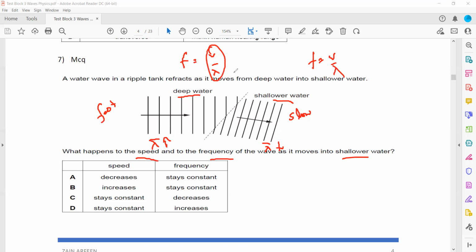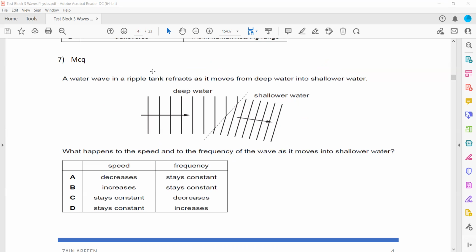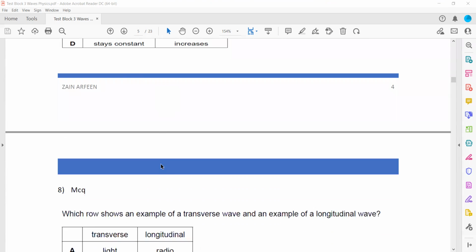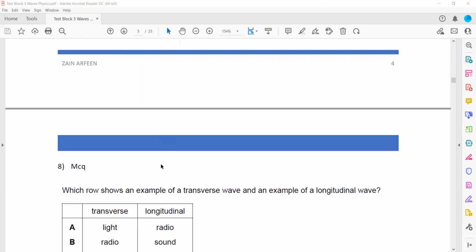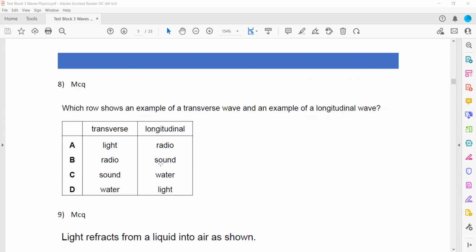Frequency remains constant, but the speed moving from deep water to shallow water decreases. So 7A should be the right answer: the speed decreases while the frequency remains unchanged. So frequency never changes, remember this. Only the speed and the wavelength change. Moving from deep to shallow, the speed and the wavelength will decrease.